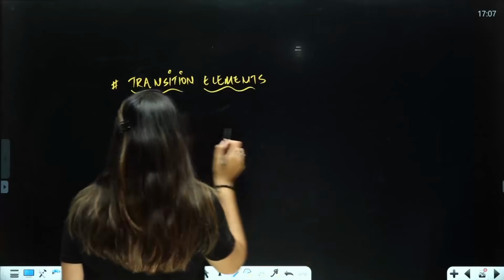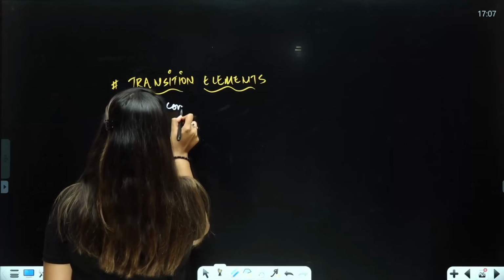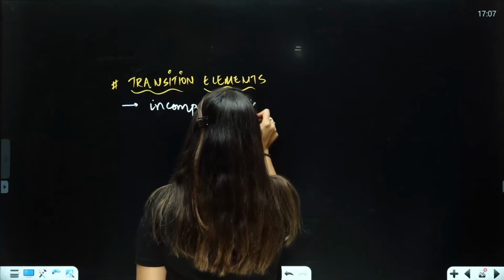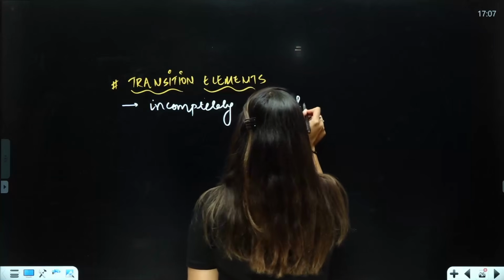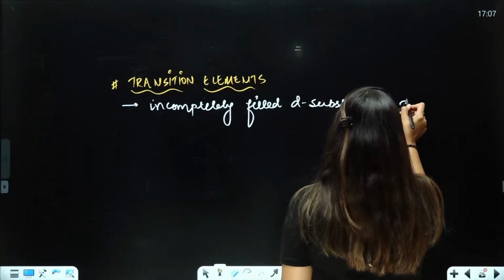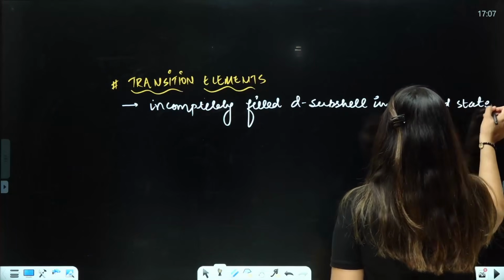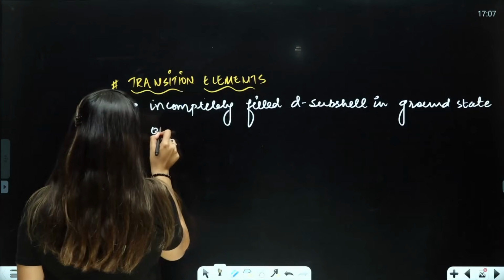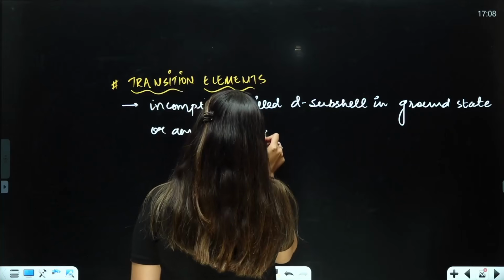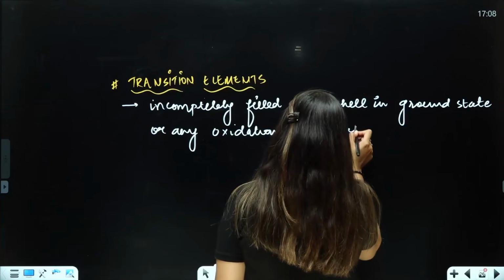See, a transition element is one which is having an incompletely filled d subshell in the ground state or in any oxidation state, which is the stable oxidation state.